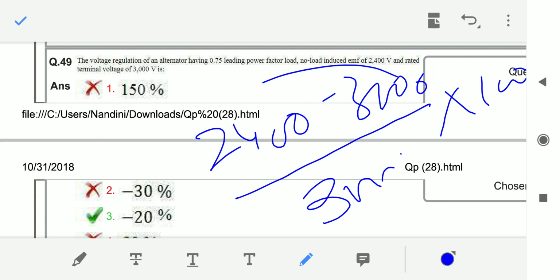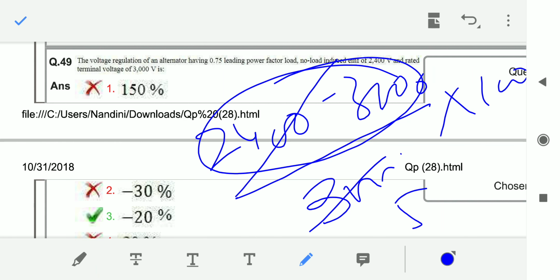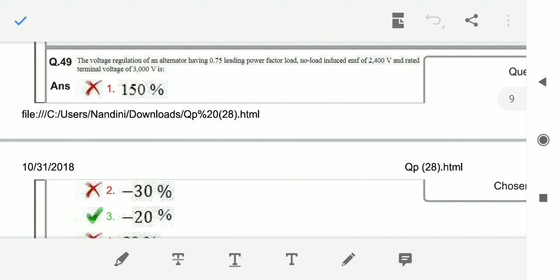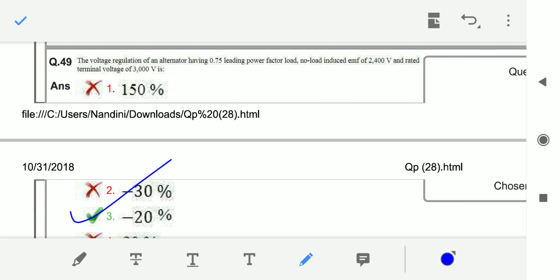That is minus 600 by 3000, which is minus 1 by 5, into 100. 100 by 5 is equal to 20. So the answer will be minus 20 percent.